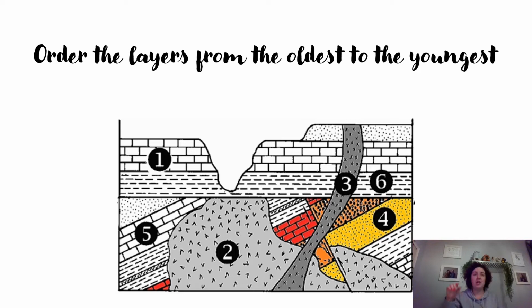What I want you to do is pause me for a moment, okay? Write out your numbers from oldest to youngest, and then unpause me for the answers, okay? Okay, hopefully you're unpaused now. You actually paused me. If not, you just saw me sit here and do weird things.